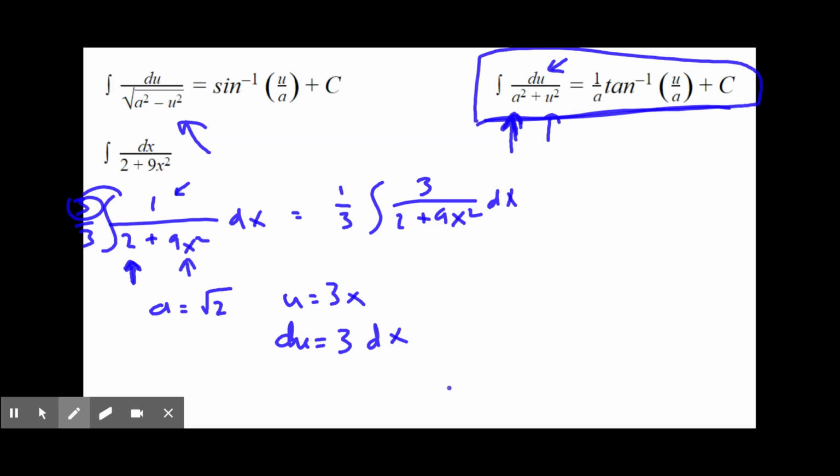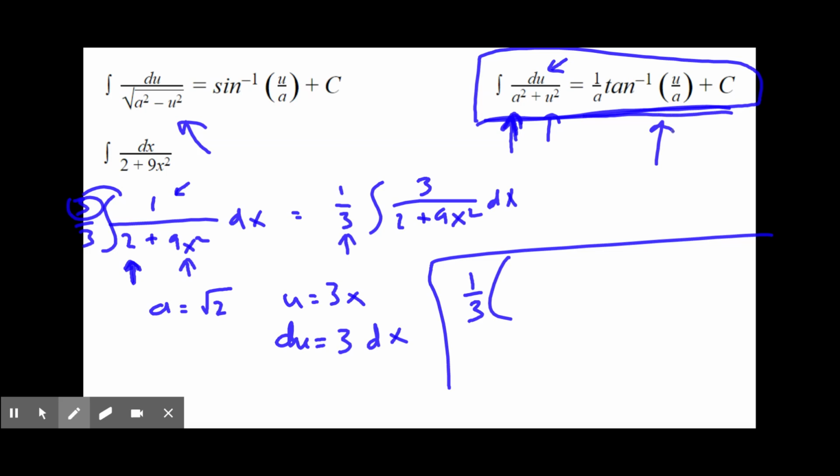So now I just go ahead and plug everything in. I have to remember, I have the 1/3 out in front of the integral. So that has to go along for the ride. And now we'll start using this formula right here. So 1 over a. A, remember, is square root of 2. So it becomes 1 over square root of 2, inverse tangent of u over a. U, remember, is 3x.